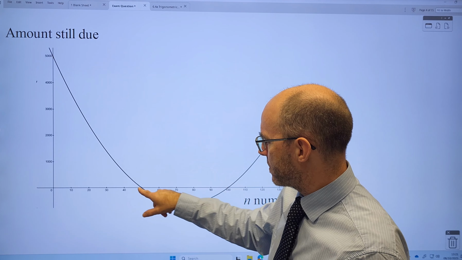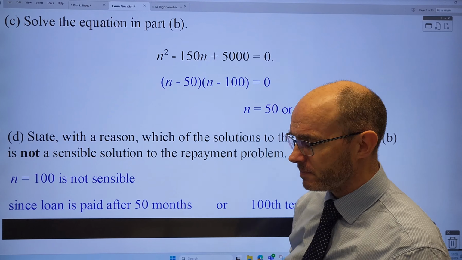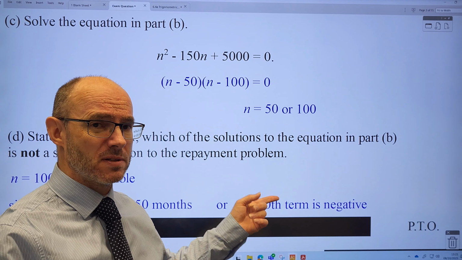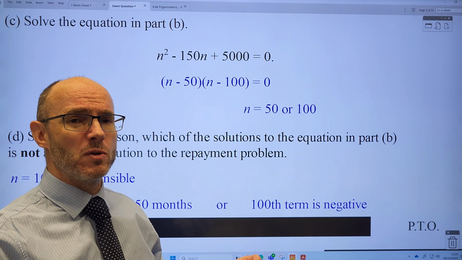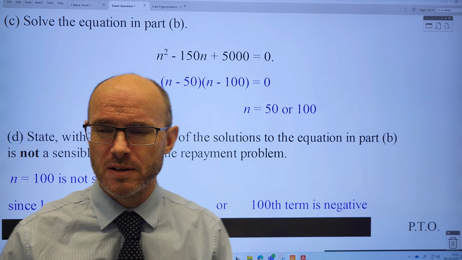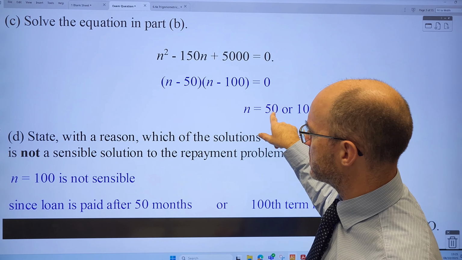That's another reason why it doesn't make sense. You'll notice here I put in the 100th term is actually negative. You can work that out using a plus (n minus 1)d, but there comes a point when they start making negative repayments, which doesn't make sense. So overall, 100 is not sensible, 50 is the sensible value.